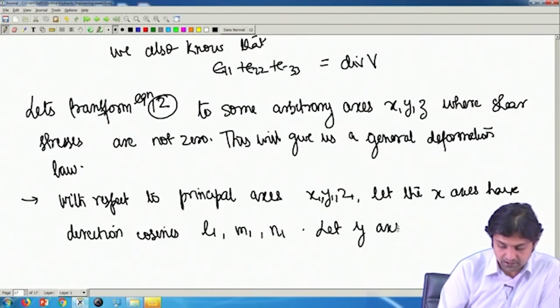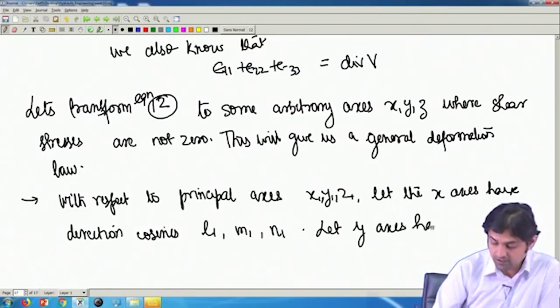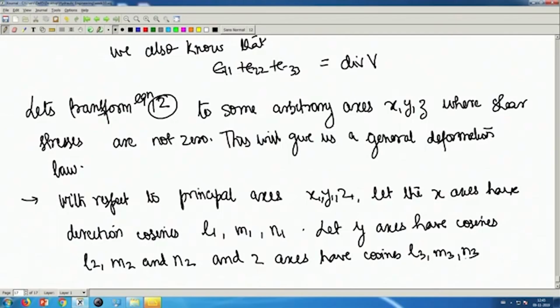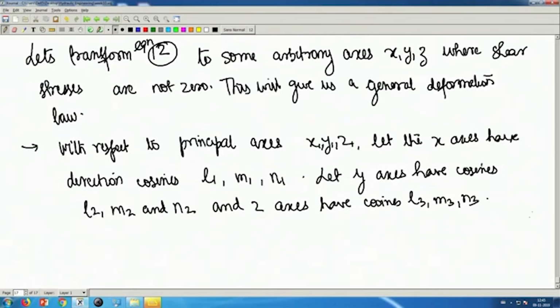Let y axis have cosines L2, M2 and N2, okay, with respect to the previous principal axis, and z axis have cosines L3, M3 and N3, okay.